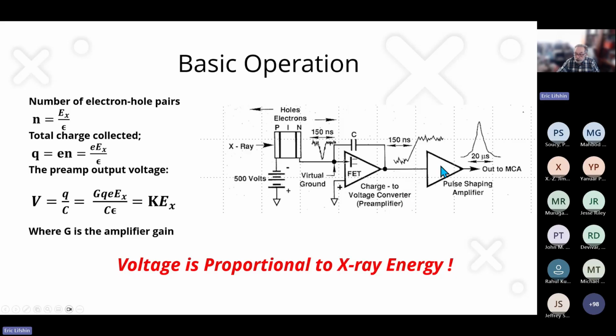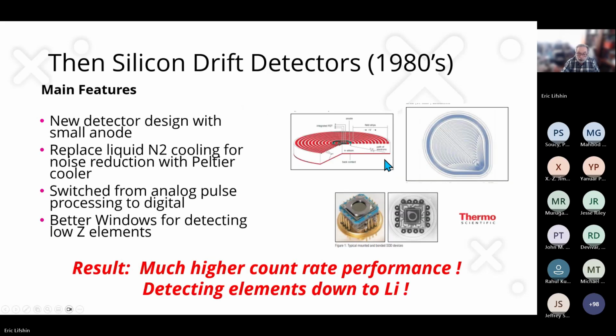In older systems, these would go to pulse shaping amplifiers, but nowadays we can just go right in there and look at that. This brings me to the next level of what was happening. The silicon drift detectors, not the lithium-drifted Si(Li) detector, were developed in the 1980s, and had a different structure.